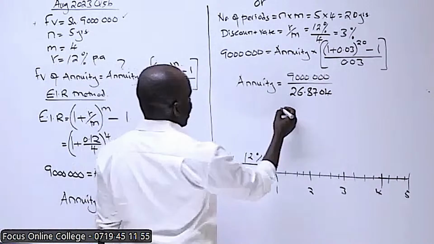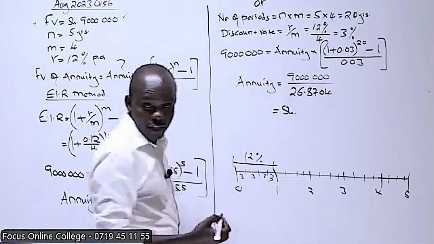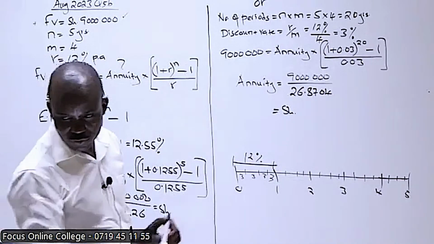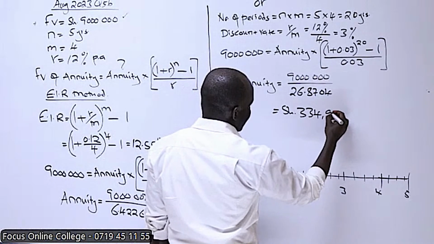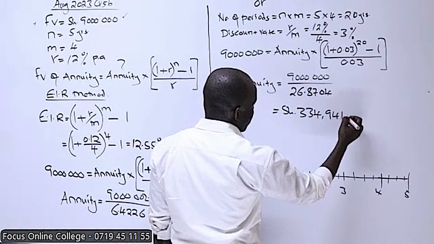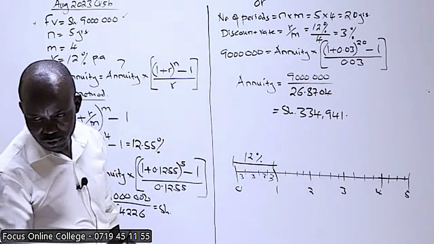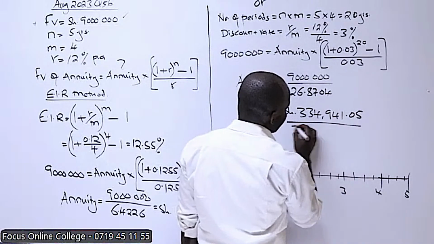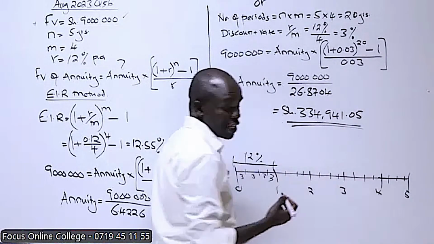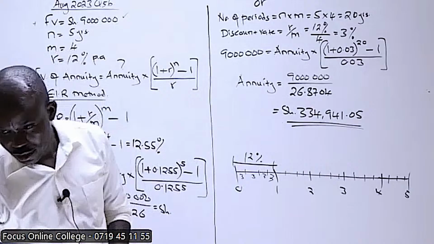Then here the annuity, you're saying shillings, 334,941.05. So that should be the correct answer.